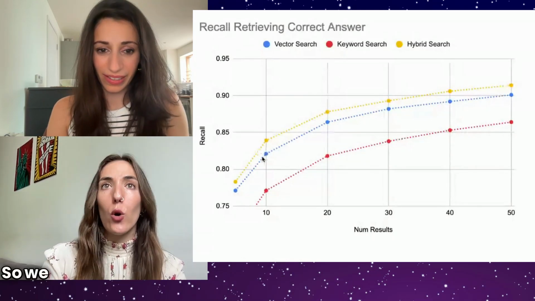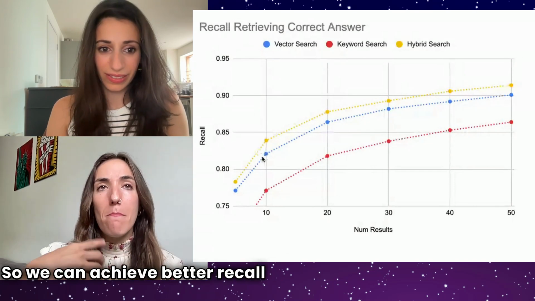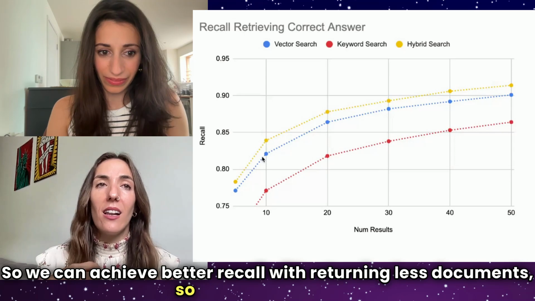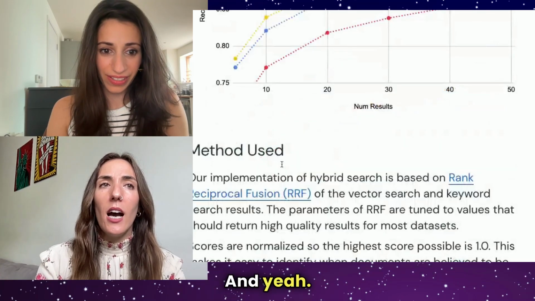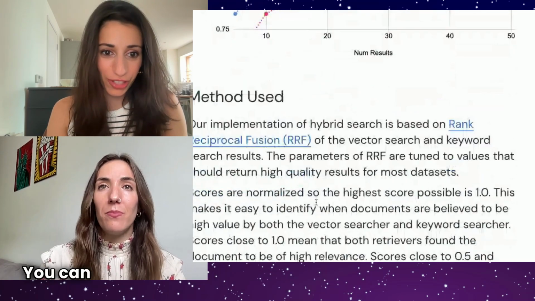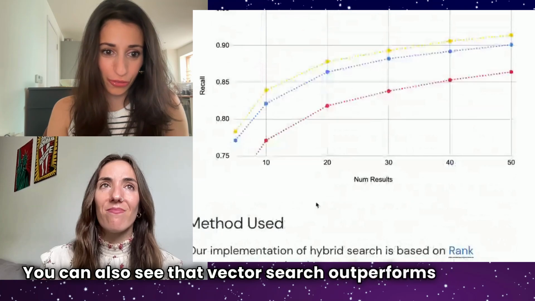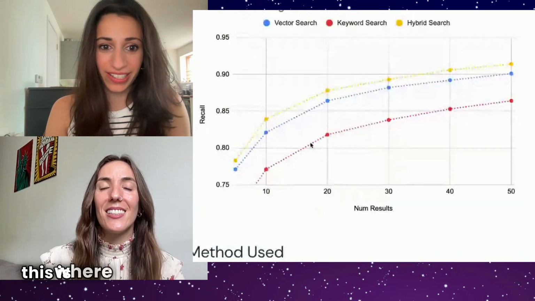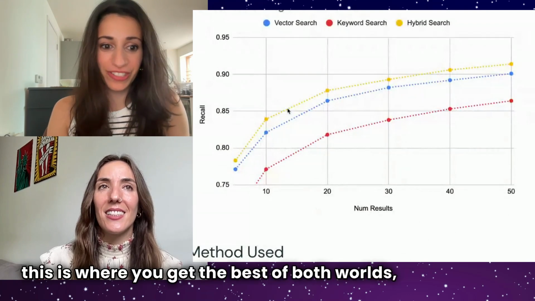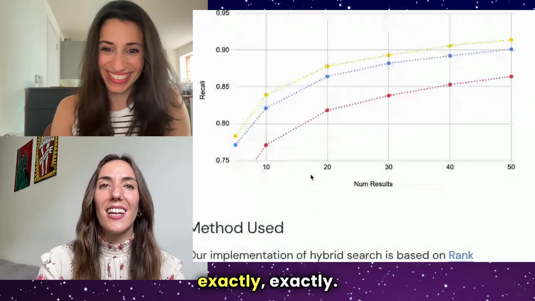Does this make sense? So we can achieve better recall while returning fewer documents, so faster in that case. Yeah, very interesting. You can also see that vector search outperforms keyword search in general, but when you combine the two, this is where you get the best of both worlds. Exactly. Which makes sense.